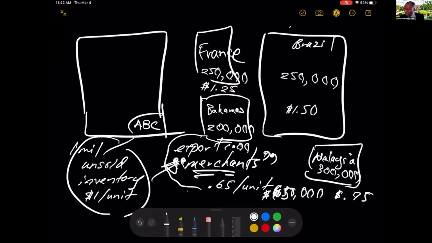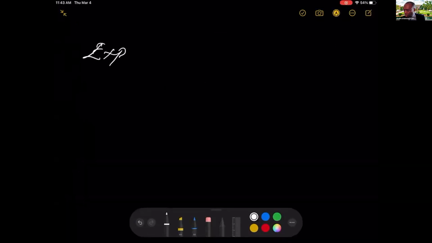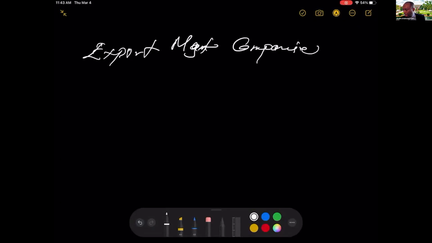There are other types of entities. There are export management companies. Again, if you don't have the knowledge to export your products, then you have companies that will do that for you. These companies are what are called intermediaries.